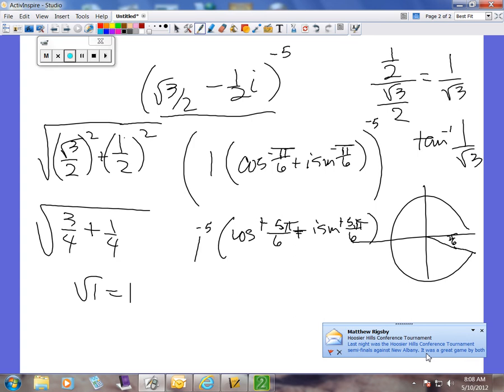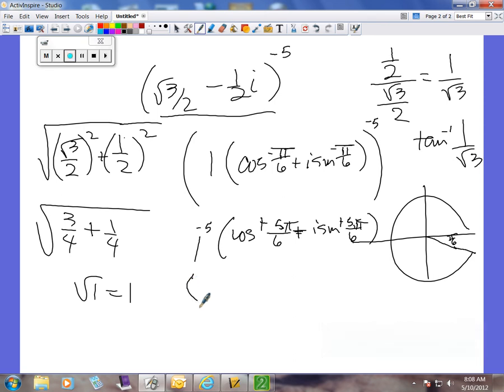So what is our value for cosine? This is going to be 1, which we don't even have to write, really. 1 times anything is the same thing. That's a cosine of 30 degrees, isn't it? In the second quadrant. What is cosine in the second quadrant? Negative square root of 3 over 2.